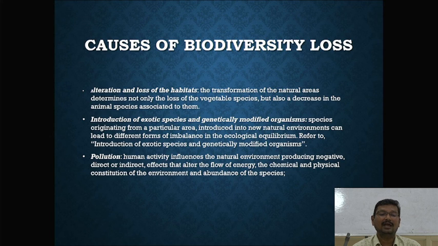Introduction of exotic species and genetically modified organisms: species originating from a particular area and introduced in a new natural environment can lead to different forms of imbalance in the ecological equilibrium.